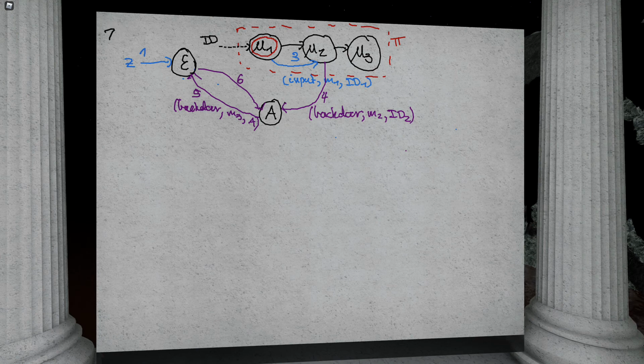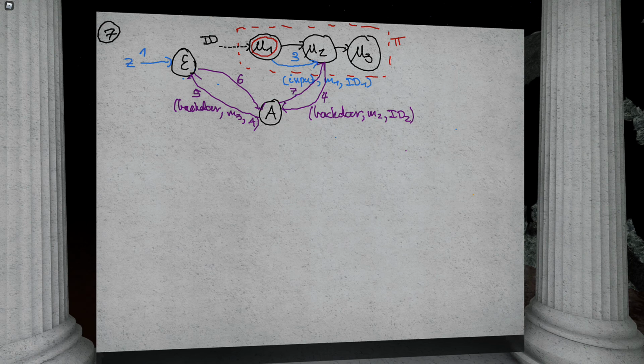And now what happens next? The adversary, I'm going to stop drawing out all of this detail because it's getting in the way. And now the adversary says, okay, mu2, it's your turn to run again. That's, again, maybe I should have drawn this in purple. It's backdoor information.